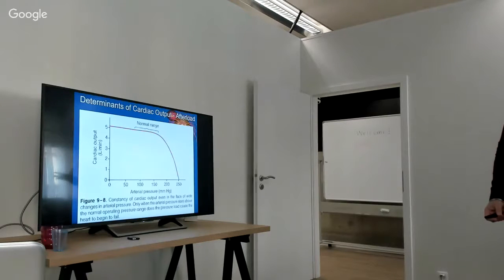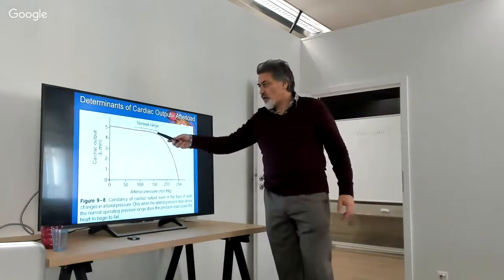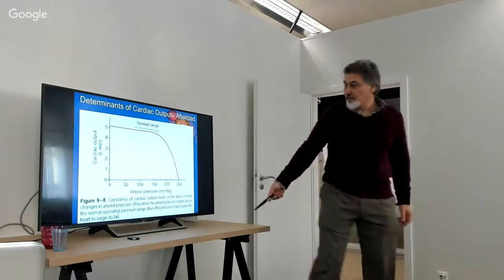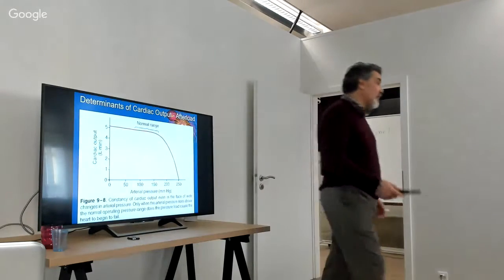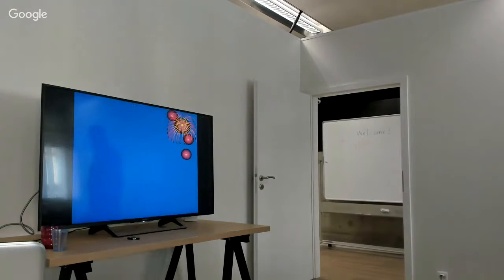So we use the heterometric regulation to bring back the stroke work and so the cardiac output, within this range of pressure. If the pressure is too high, we can have a reduction of cardiac output, because the pressure is the afterload that we must overcome to have a stroke work.